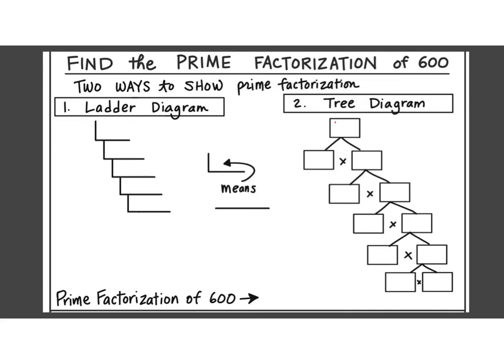So we'll put 600 at the top. 600 can be broken down into 2 times 300. The 2 is prime, so we can circle it. 300 is composite, so we need to break it down. 300 can be broken down into 2 times 150.